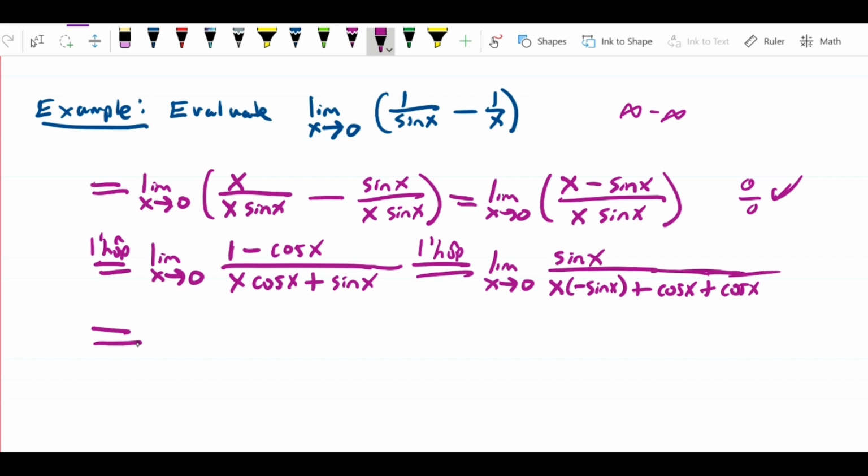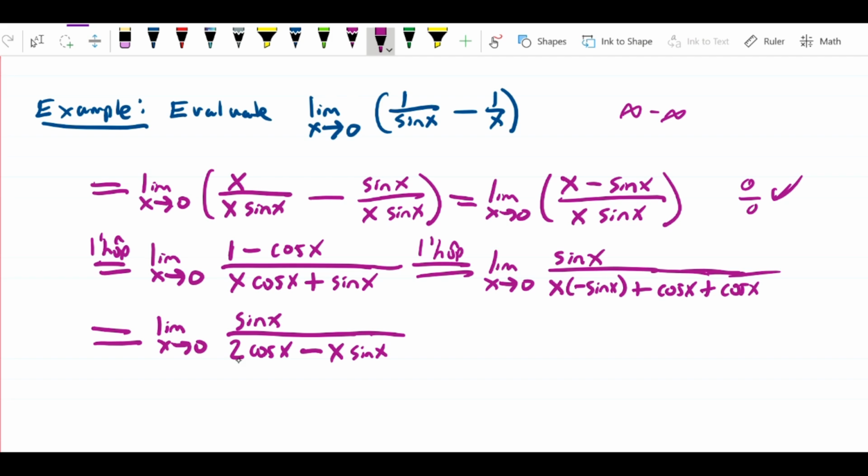So this is equal to the limit as x approaches 0 of sine x over 2 cosine x minus x sine x. Notice I did not write L'Hopital's rule here because I didn't take a derivative again, I just did more simplification.